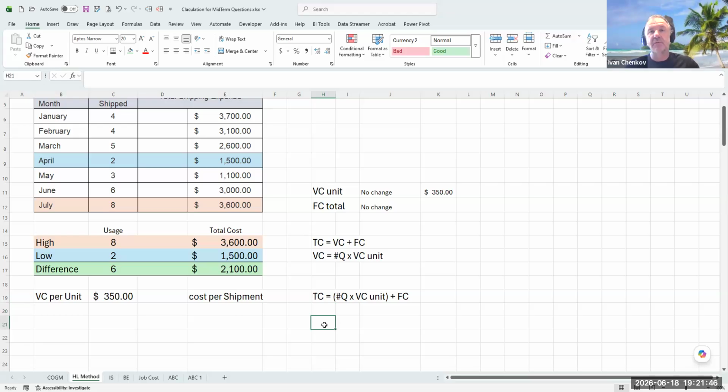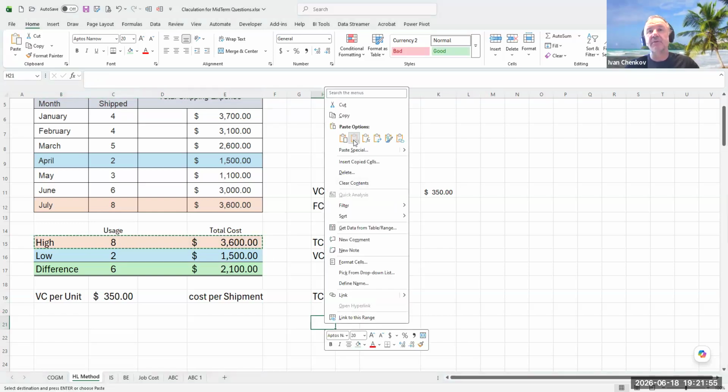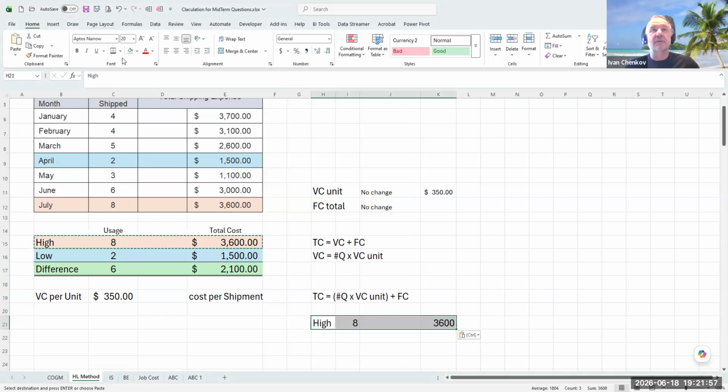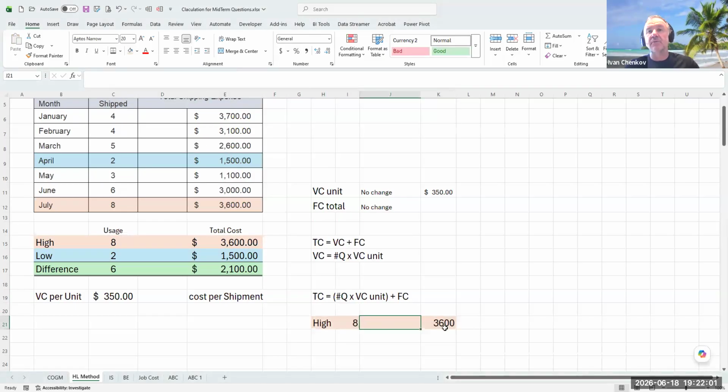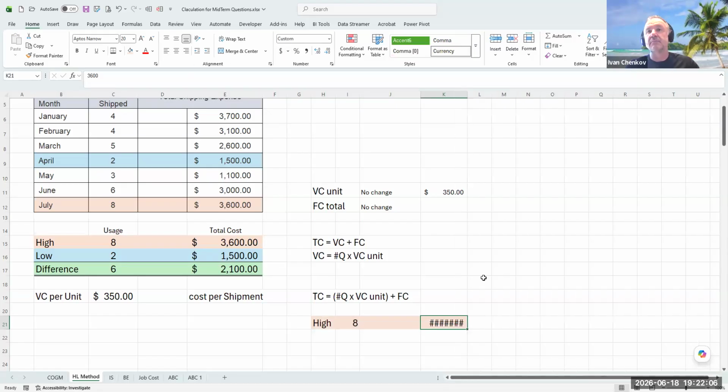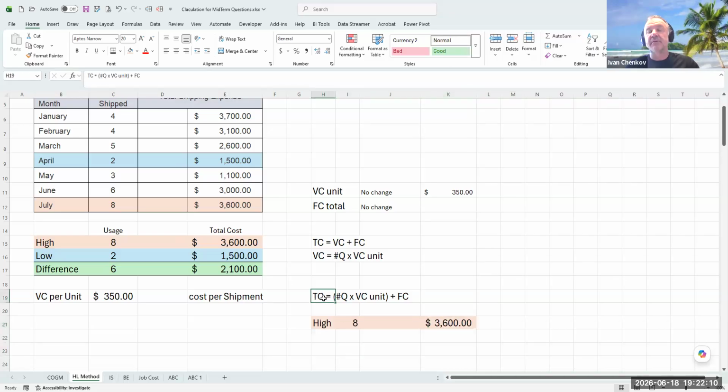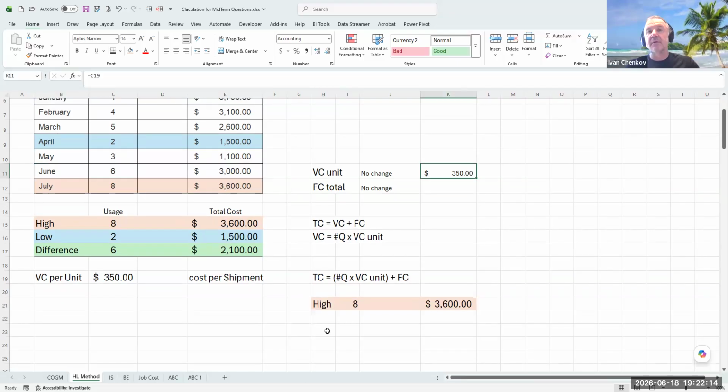On the high point, what do I know? I know that usage is 8 and total cost is $3,600. I know that. So substituting in the previous formula, since I already know the variable cost is 350, the substitution should be straightforward.